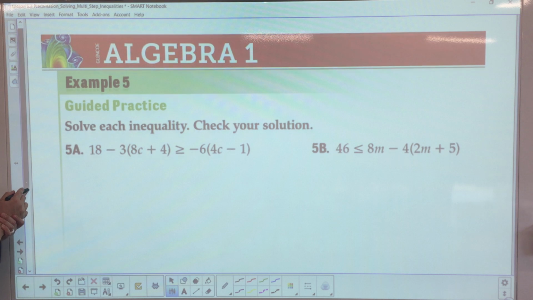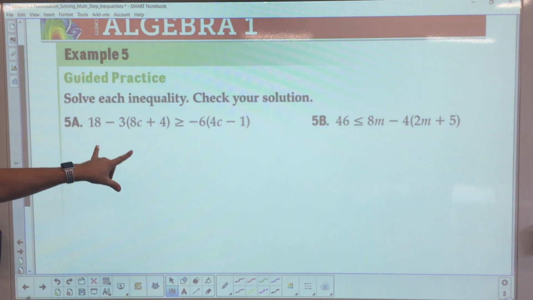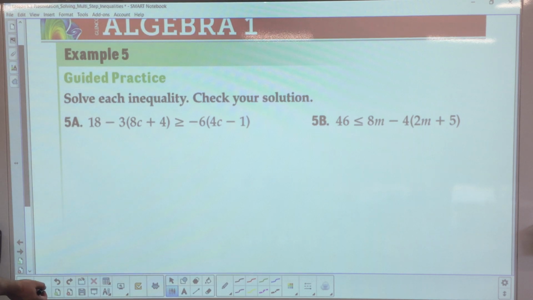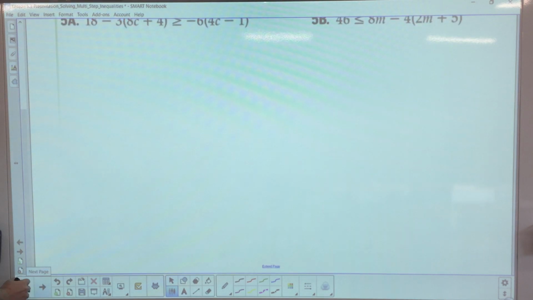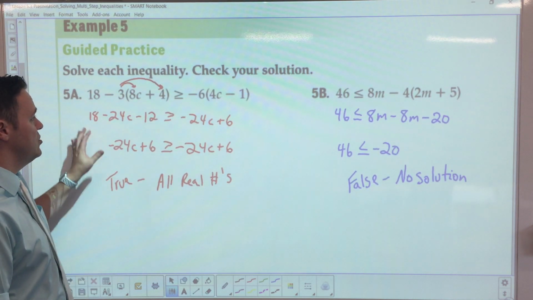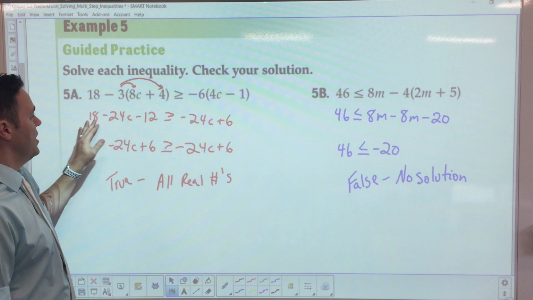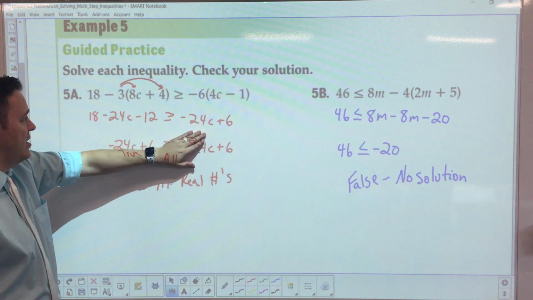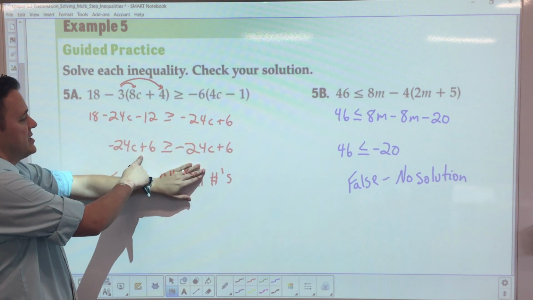Last but certainly not least on the guided practice, please try these complicated ones. All right, on these, I know this lesson's pretty quick, but you guys should be able to go through and rewatch it a couple times if you need to. Do the distribution. When I distribute, you guys can see that. Combine like terms to get plus 6.